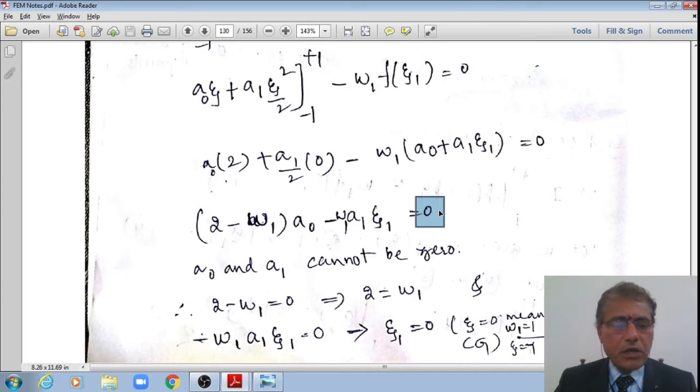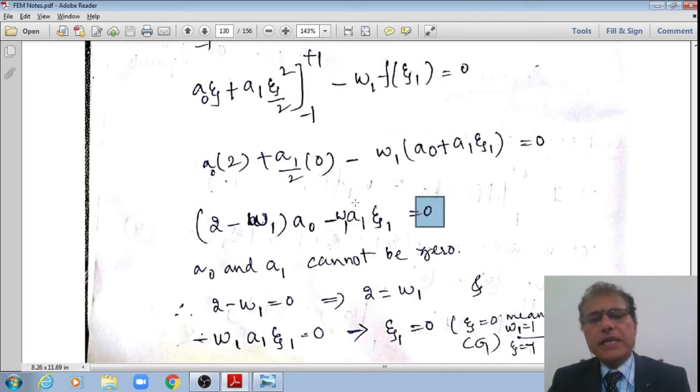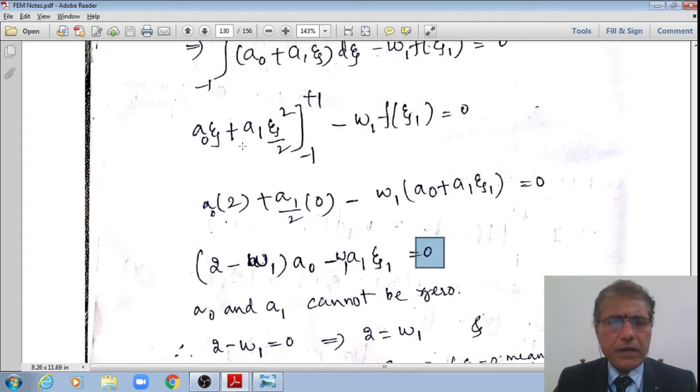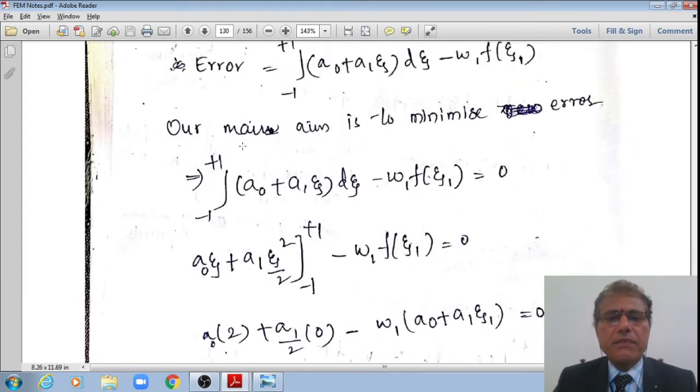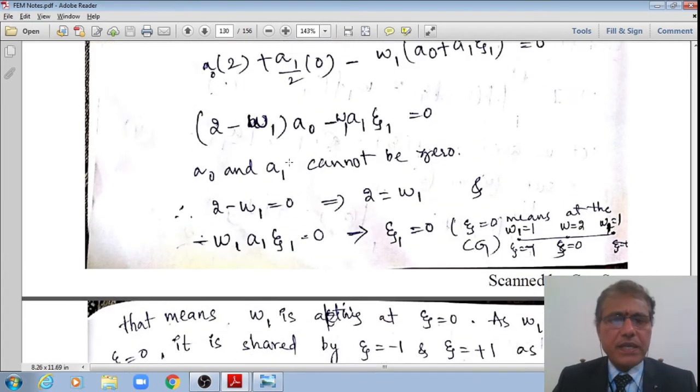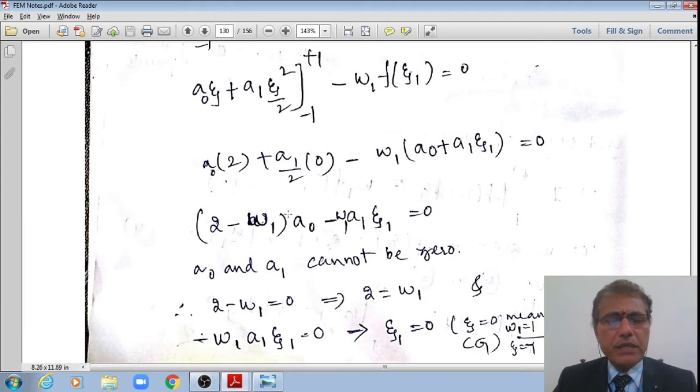If the error is equal to 0, then I'll get the exact solution. However, we also know that a0 and a1 cannot be 0. If a0 and a1 themselves are 0, then the function will become 0, meaning there is no solution for that integral. Therefore, they can never be 0, students.